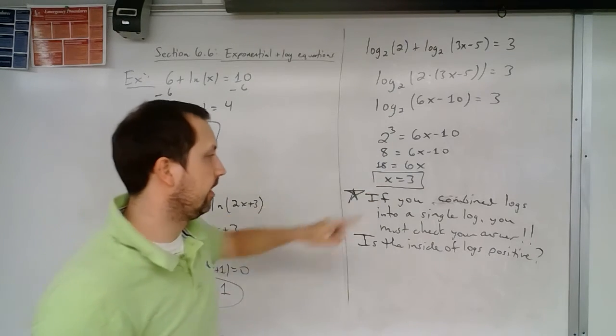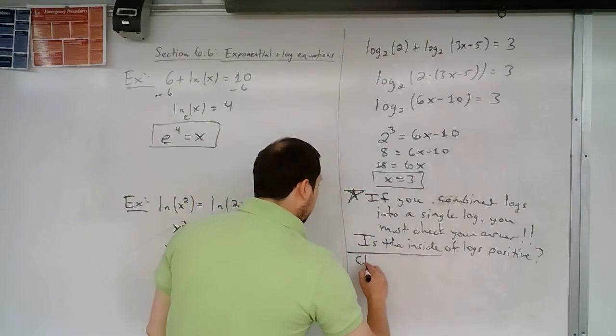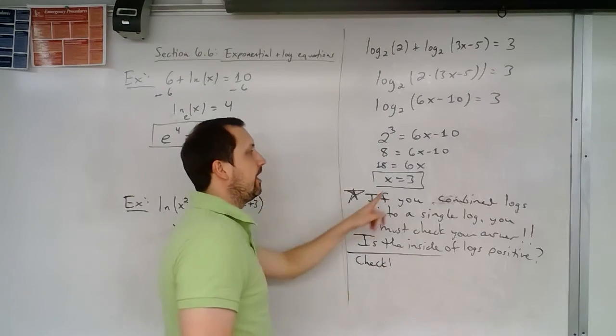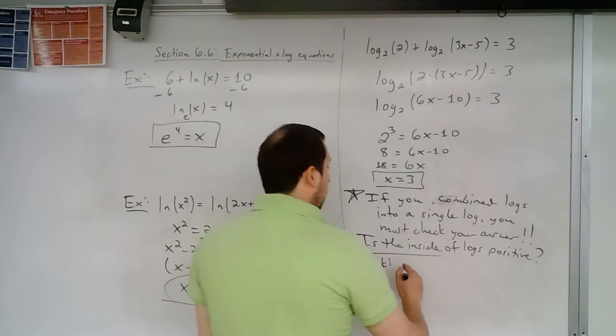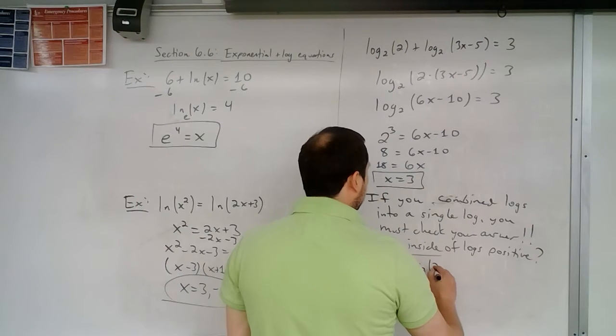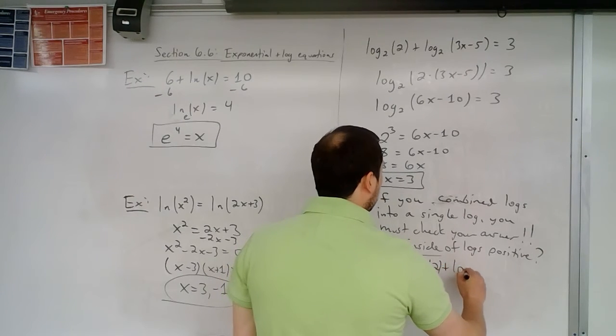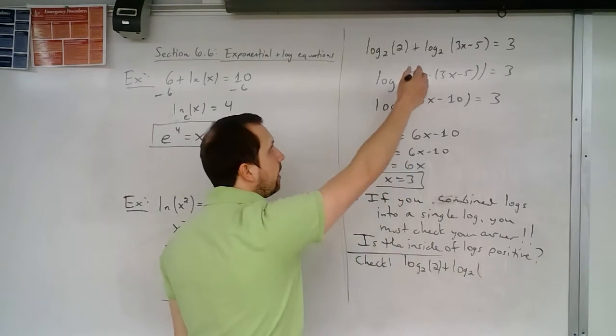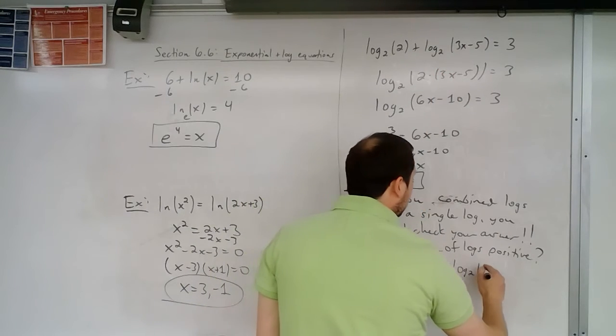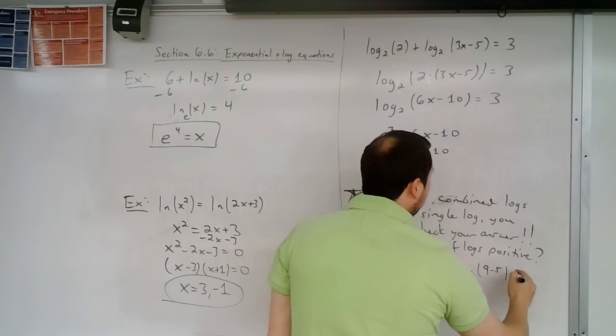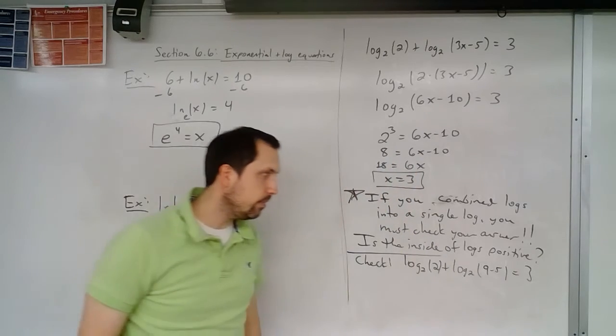So here, let's check this. So what this looks like, what we're checking for, is I'm plugging x equals 3 inside there. So I'm trying to see log base 2 of 2 plus log base 2 of, I plug in 3, I'm going to get 9 minus 5 is equal to 3.